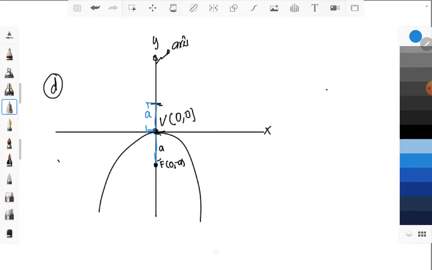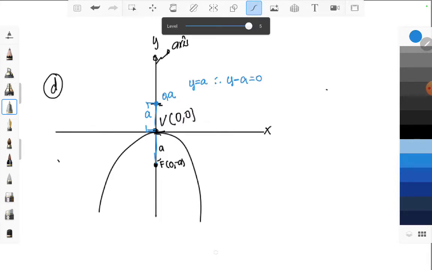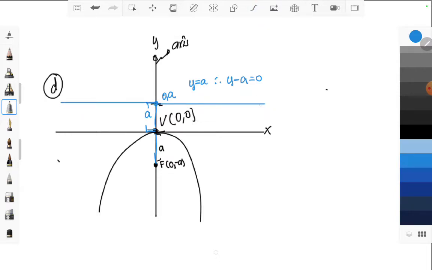So the point that is within the directrix and within the axis is (0, positive a). Therefore we have y is equal to a. Therefore the equation of the directrix will be y minus a is equal to 0. This will be our directrix.